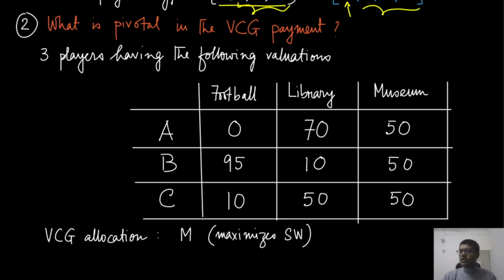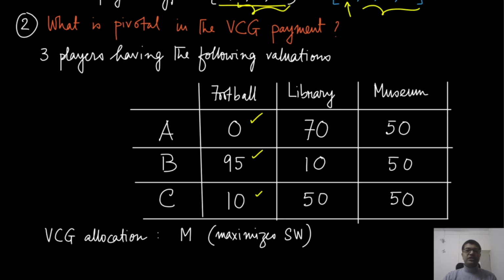This table is showing different valuations for these 3 individuals. Maybe A does not like the game of football at all, so she gets 0 valuation when this ground is made. B is a football enthusiast. In that case, B gets a large valuation, and C gets a small valuation when this is made, and similarly for the other alternatives.